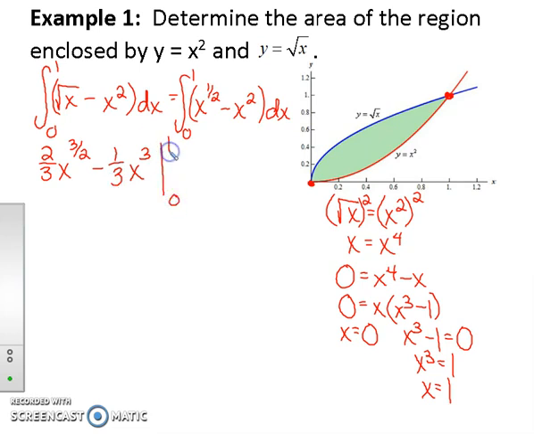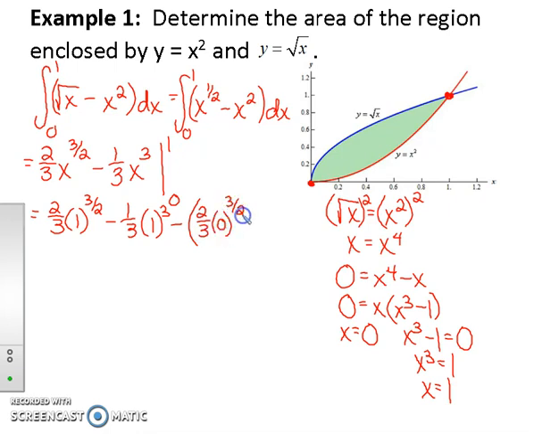And my boundaries are 0 to 1. So we would substitute in the 1 first, minus the 0. So this would become 2/3 minus 1/3 minus all that would become 0. So that total area of that little teardrop shape is 1/3 of a unit.